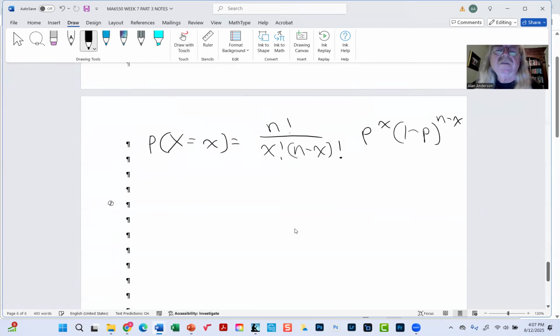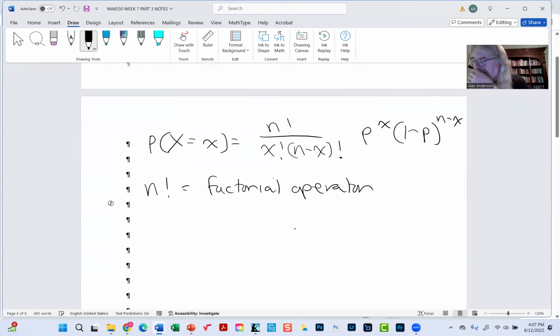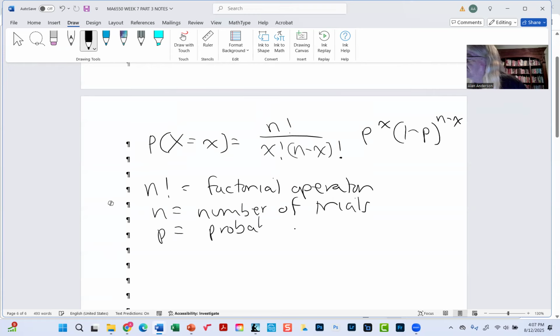And of course, you recognize the factorial operator, the number of trials, the probability of success, and x the number of successes.